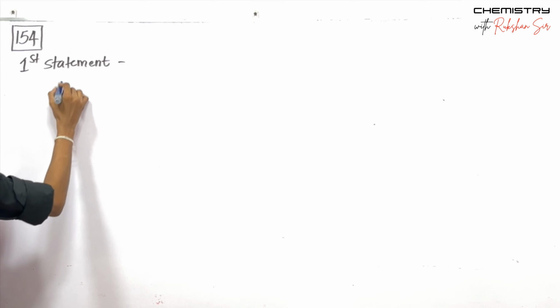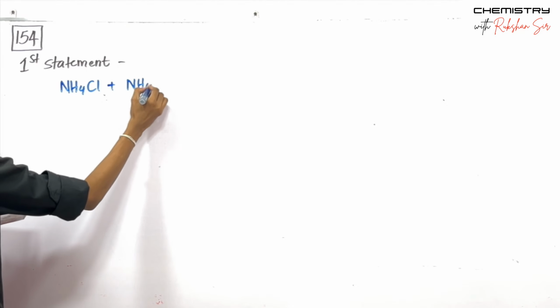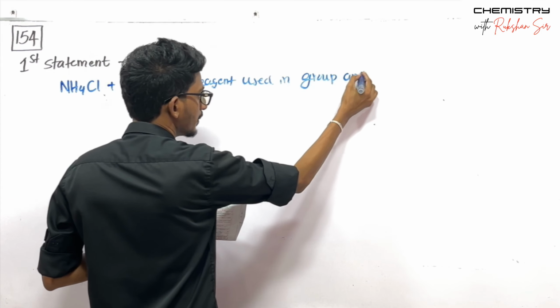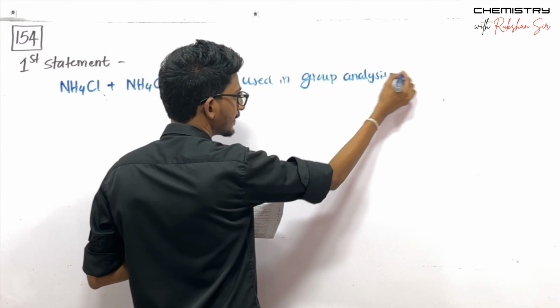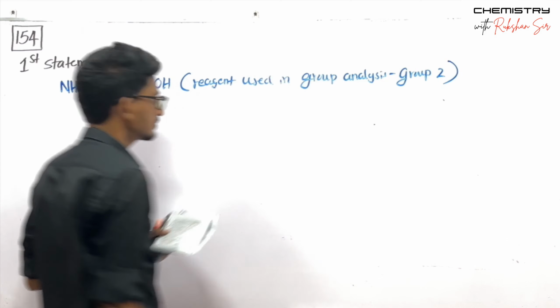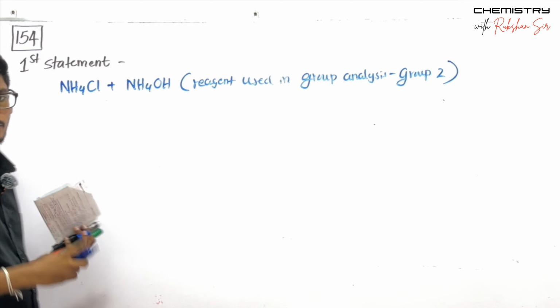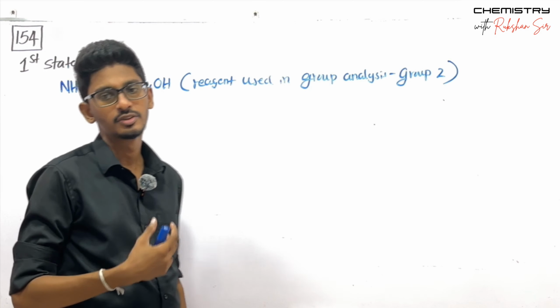Ammonium chloride with ammonium hydroxide, these two, right? Reagent used in group analysis, group 3.